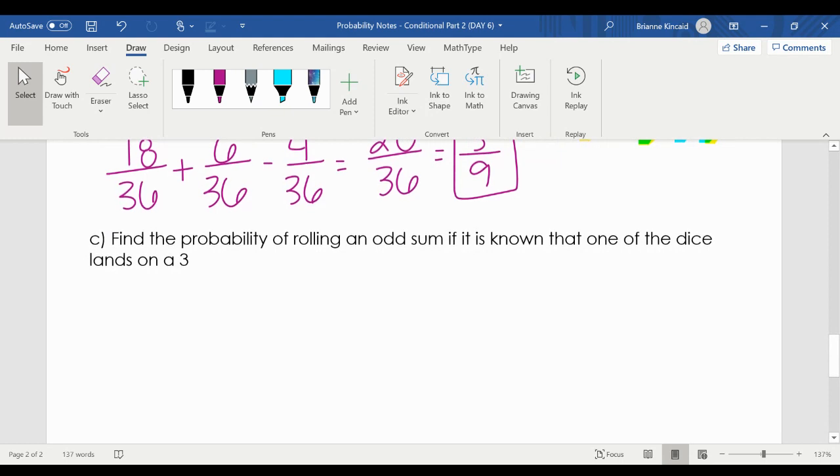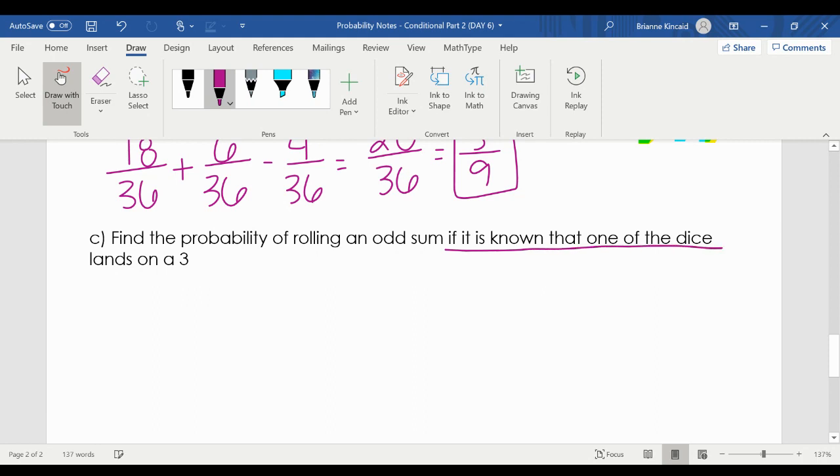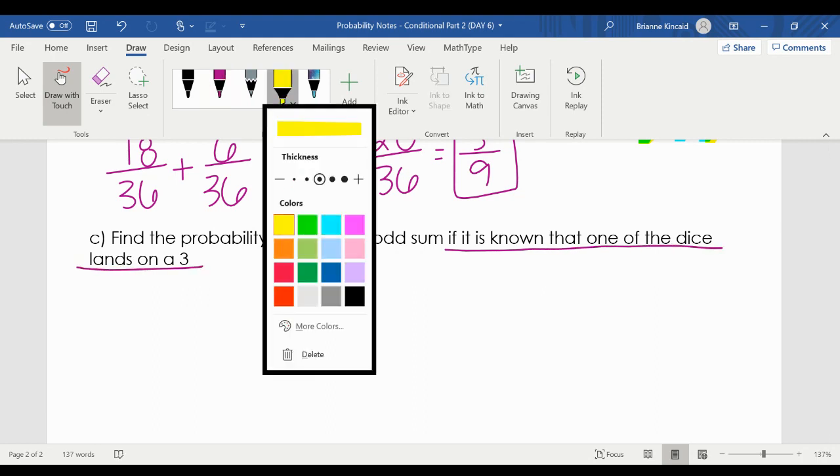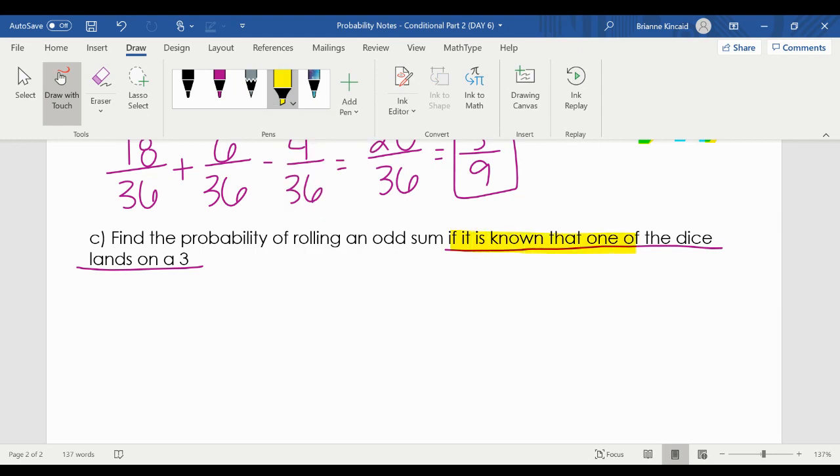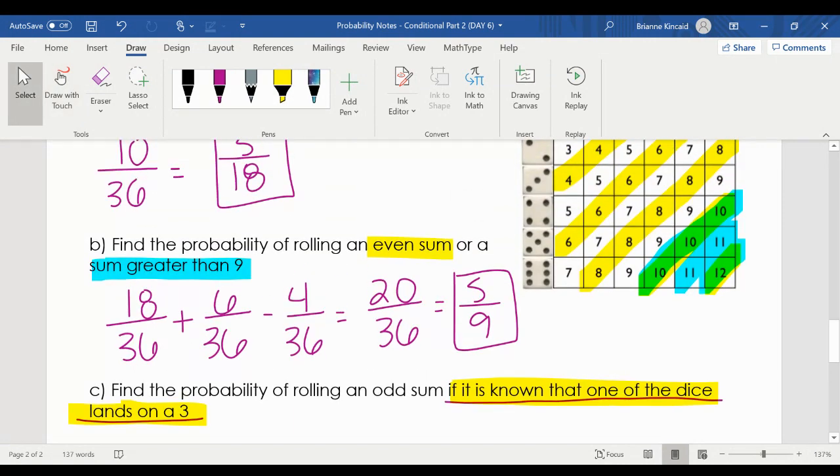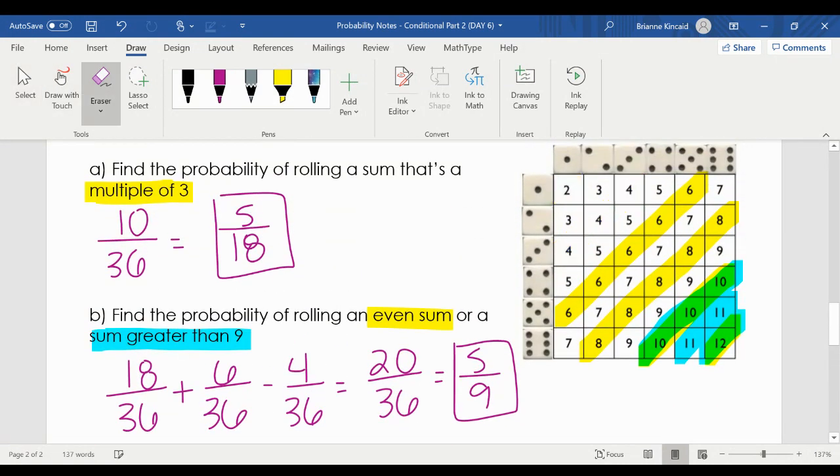And lastly, find the probability of rolling an odd sum if it is known that one of the dice lands on a 3. If it is known that one of the dice lands on a 3, this is a condition. One of the dice has to have a 3. So I'm going to go through.